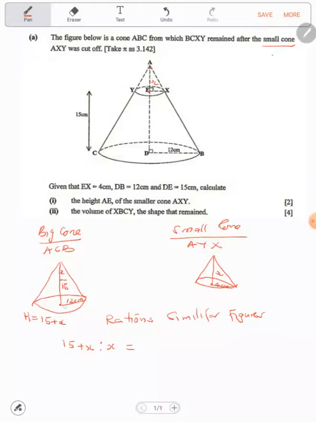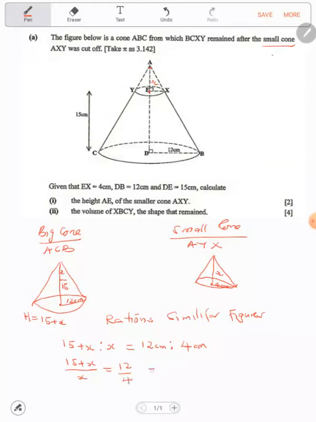They are in the same ratio as the radii, 12 centimeters and 4 centimeters. When you start with the big height, you keep everything starting with the big. A ratio means division, so we have 15 plus x over x equals 12 over 4.